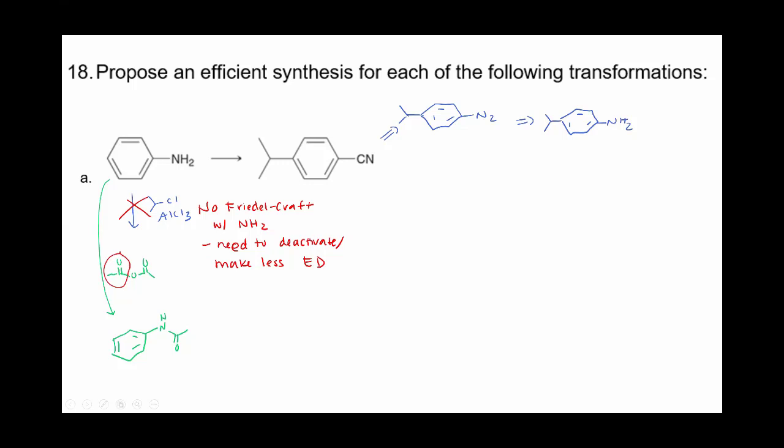So now with that electron withdrawing carbonyl on there, this is going to be less electron donating. It's still electron donating, but not as much. And so it's not going to affect the Friedel-Crafts reaction. So now we can go ahead and do the Friedel-Crafts. And then to remove it, we just add water plus acid.